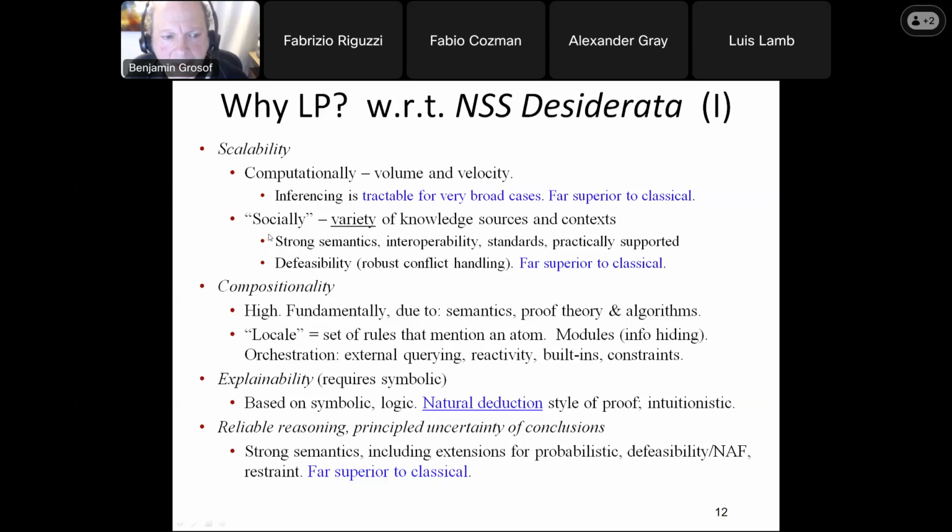In terms of social scalability, the variety of knowledge sources and contexts is a key aspect that you want to be able to support. And so you want to have standards and interoperability with strong semantics. You also want to have defeasibility to have robustness. And classical is super brittle.